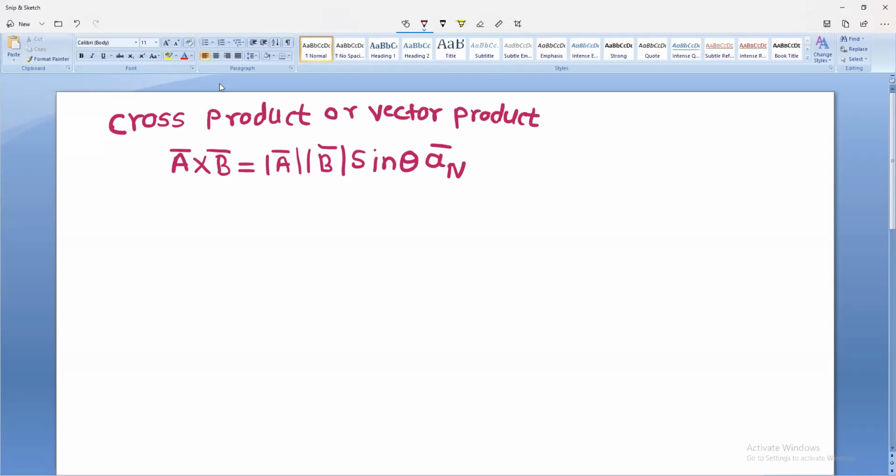Now to give direction to this vector, it is multiplied by normal unit vector. Okay, means if two vectors are there, A bar and B bar, then this normal unit vector A bar n is perpendicular to the plane of the two vectors.